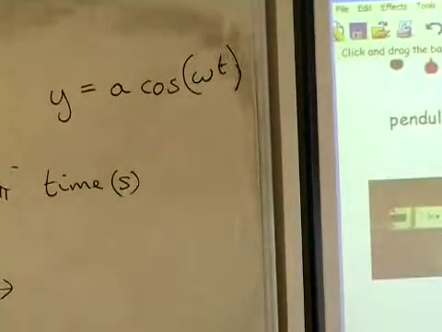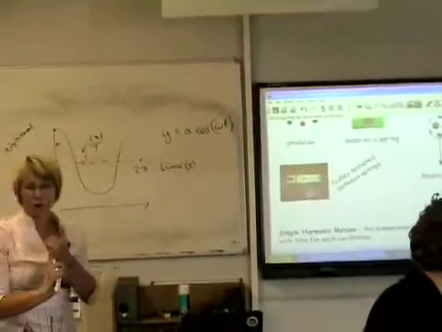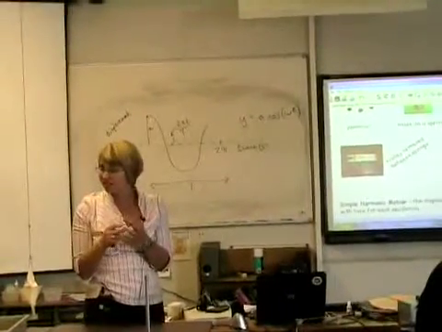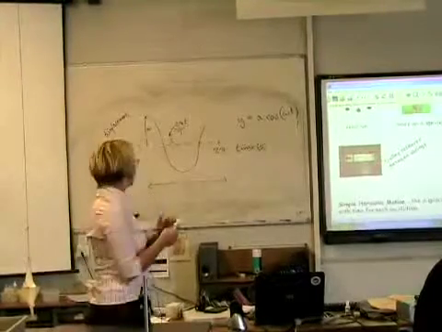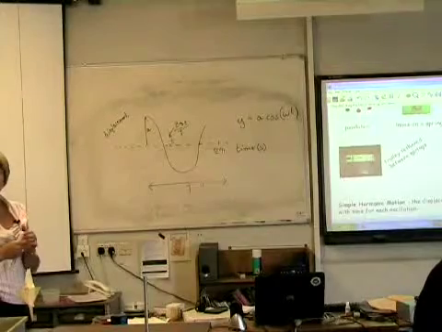Okay, so for simple harmonic motion. The reason we want to use that is we actually want a quantity that is in the same units, radians per second. Okay, so that's a new quantity for you just now.